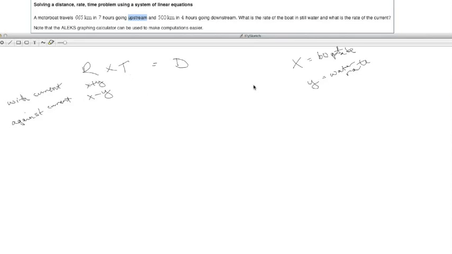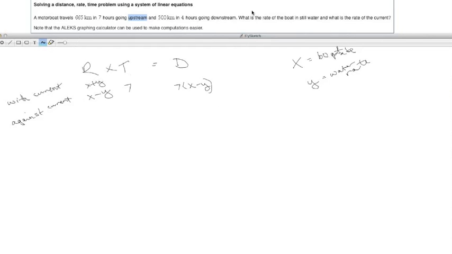When he's going upstream, he's going against the current. So that goes in the against the current section. So he's going against the current for 7 hours, which means his distance is x minus y times 7. And remember, you need to keep the x minus y in parentheses because those need to be subtracted first before you multiply.